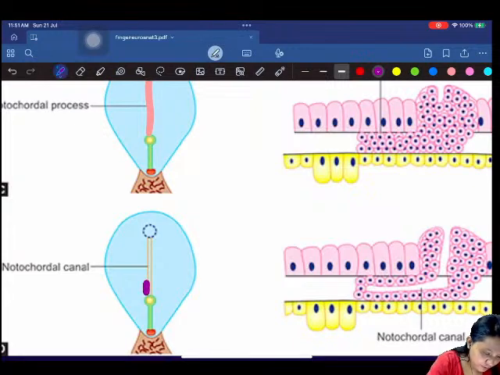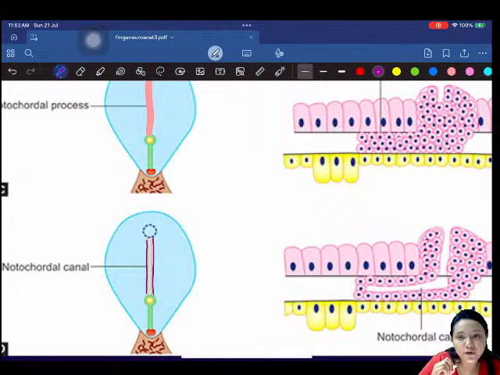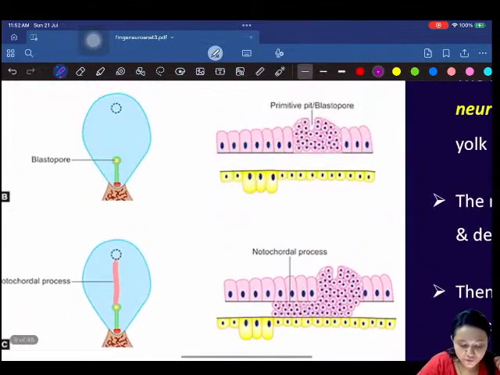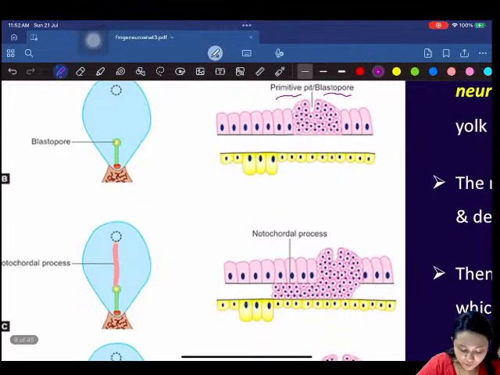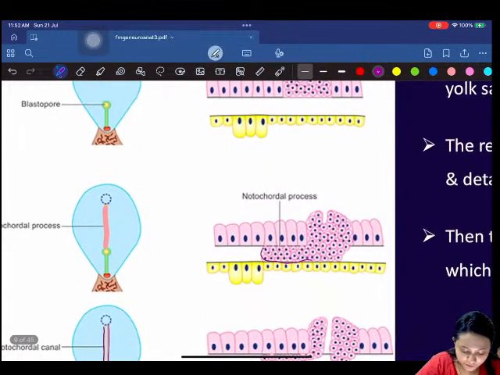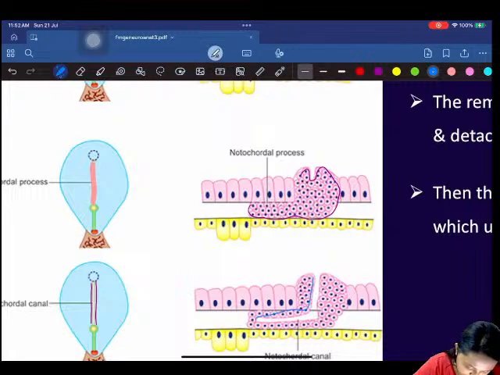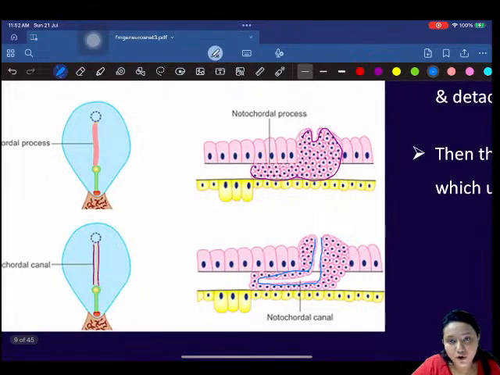You will have a canal form in between, and that is known as the notochordal canal. You can see here in this image as well: you have a primitive pit or the blastopore, and then you got the notochordal process. Then the cells invaginate, and you have the formation of a canal-like structure, and that canal is known as the notochordal canal.